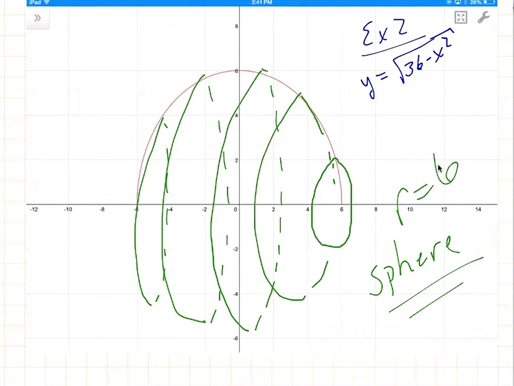Now, traditional geometry tells us that we want to find the volume of a sphere with radius 6.